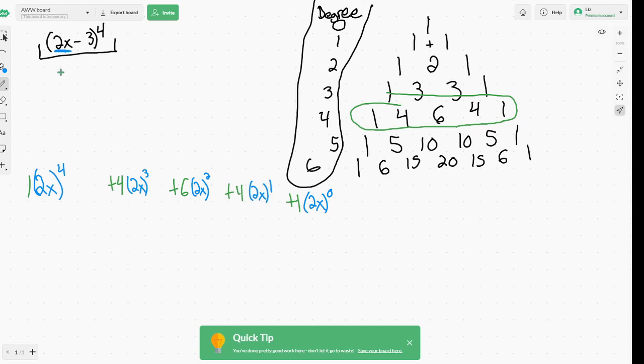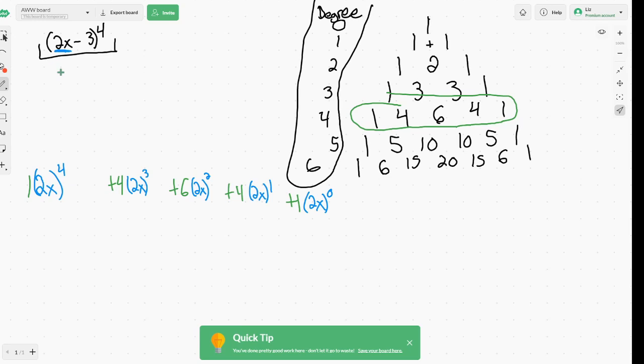So I take my first term, I raise it to the power that the binomial is being raised to, and then I start there. So 2x to the fourth power, and then I take away a power each time. 2x to the third, 2x to the second, 2x to the 1, and then 0.